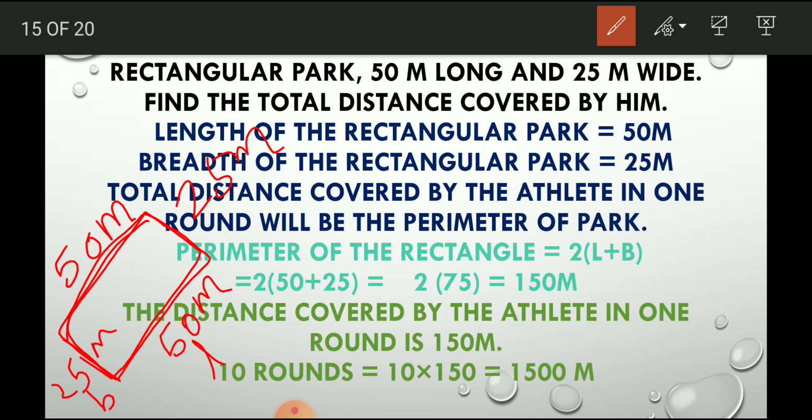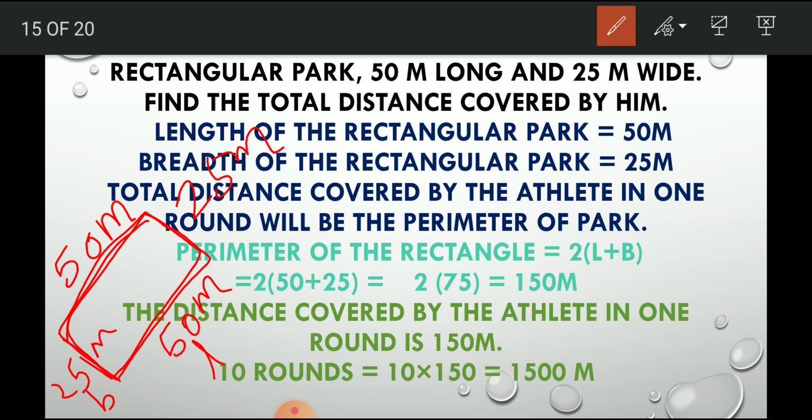So now we just find out 10 rounds. Find the distance covered by the athlete in 10 rounds. 10 rounds means we just multiply 10 and 150.